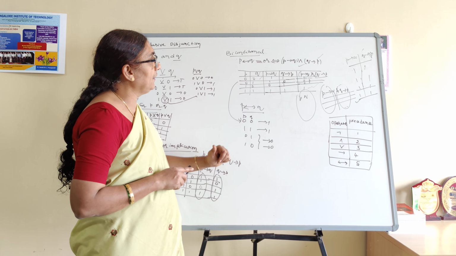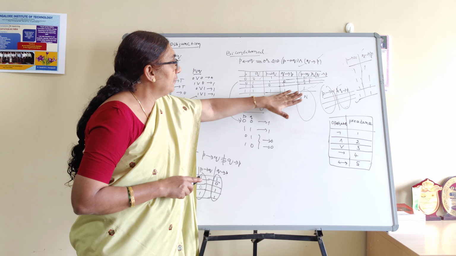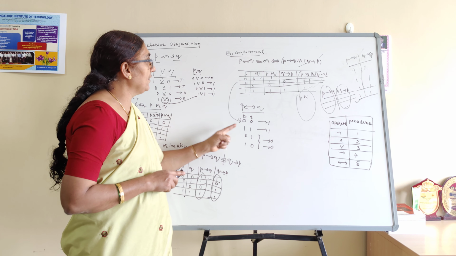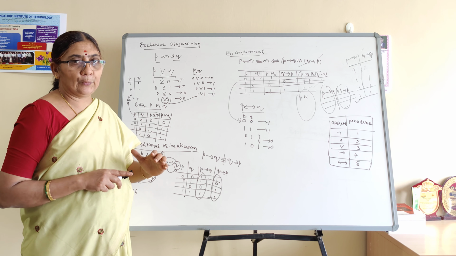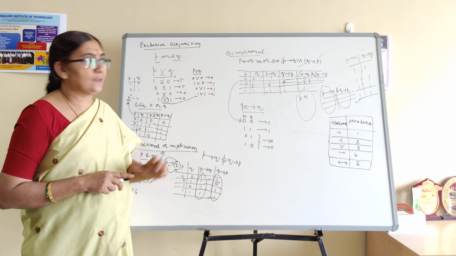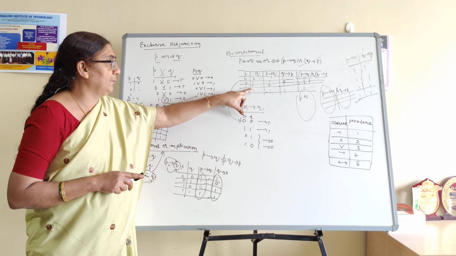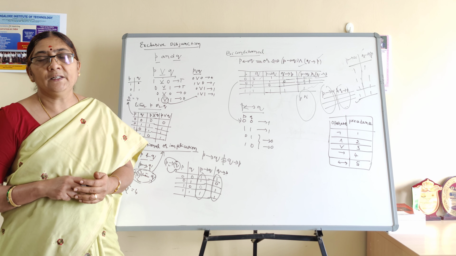First you find out both P conditional Q and Q conditional P, you verify it. Then you take a conjunction. From the conjunction we say that the biconditional is true when both components are true or both components are false. In the rest of the cases, when one of the components is true and another one is false, what we get is false. Then it is easy to remember.